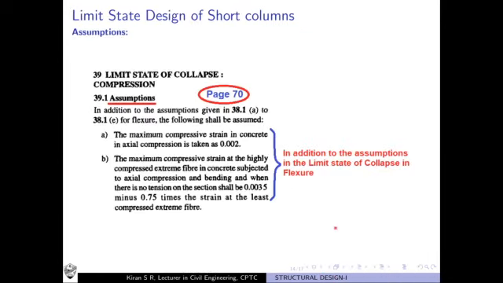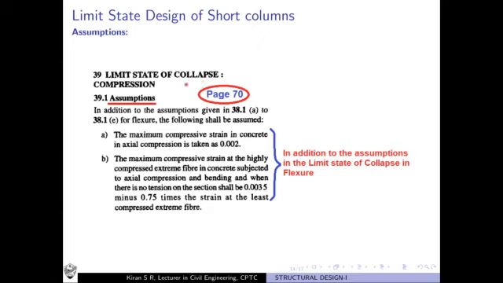Now coming to the design of short columns. Here we restrict our studies only to the design of short columns. We are not interested in long column designs. These are again based on certain assumptions. The assumptions for the limit state of collapse in flexure we have already defined while we studied the design of singly reinforced beams.